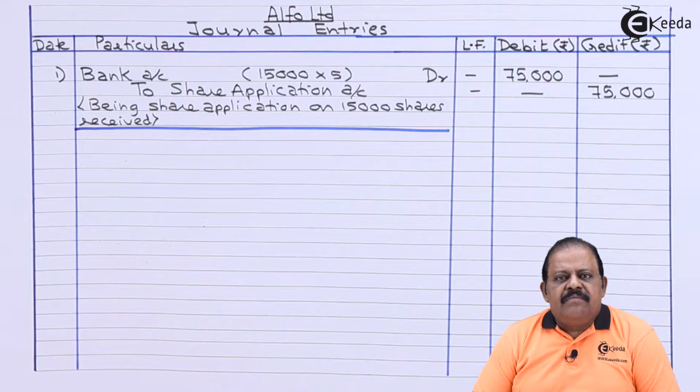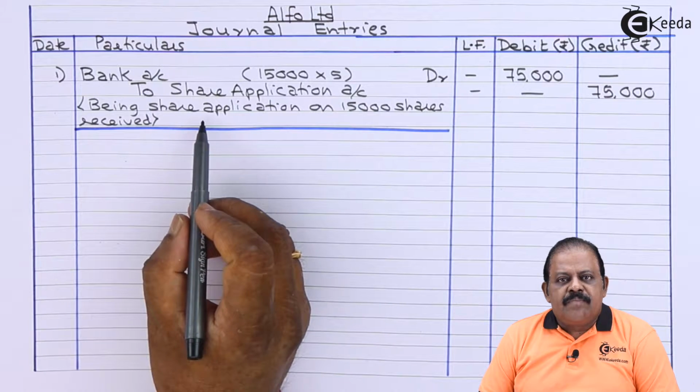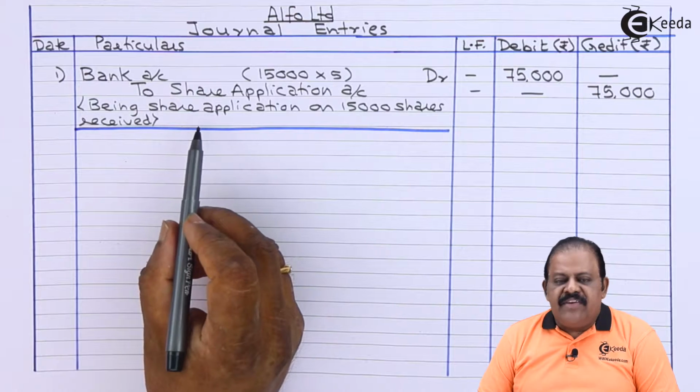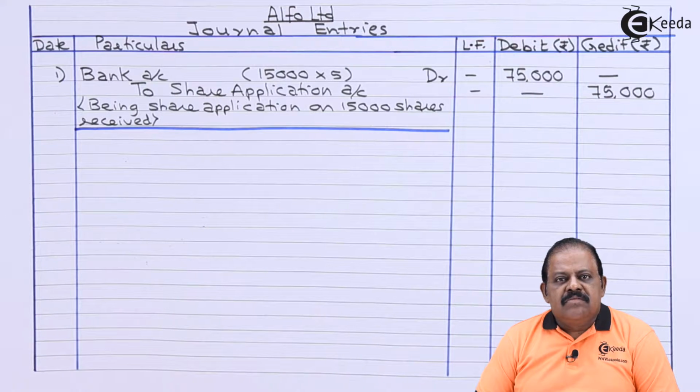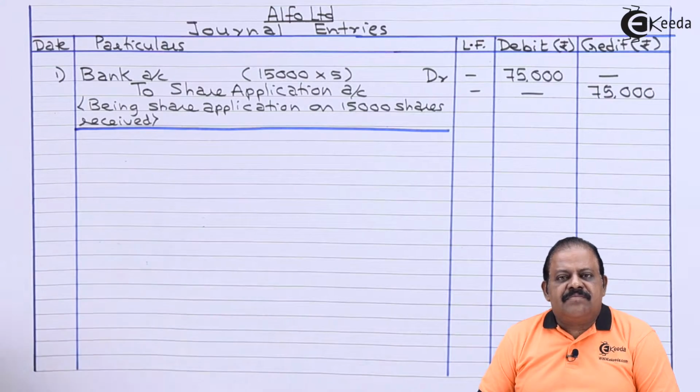To record refund, we are required to reverse this first entry. This entry is for receiving application amount. For refund of application amount, this entry will be reversed.